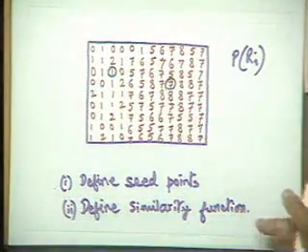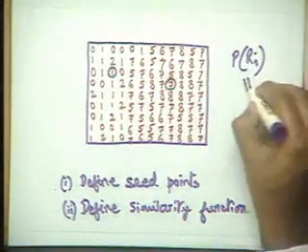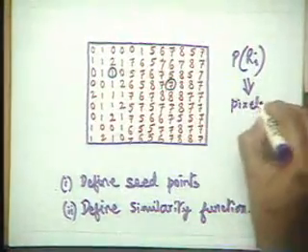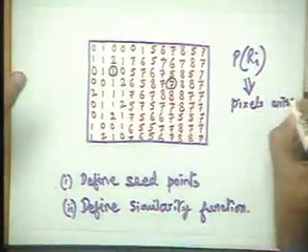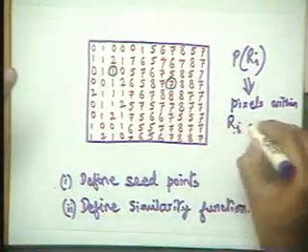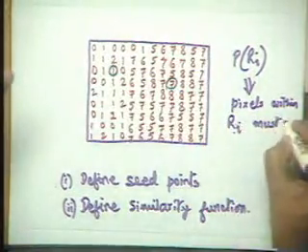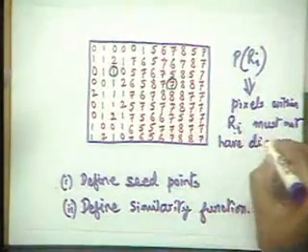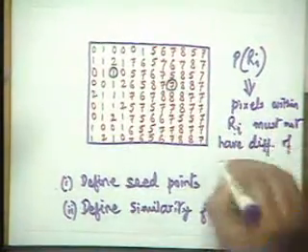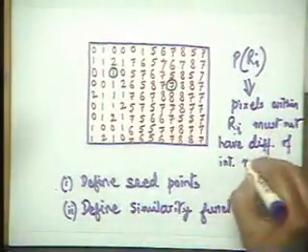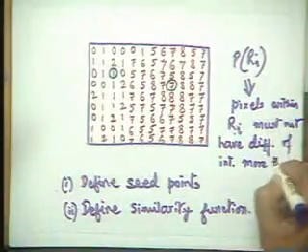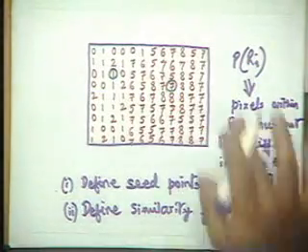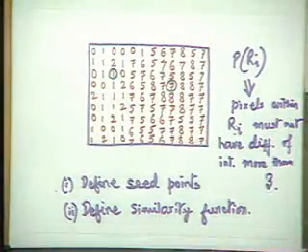P of Ri should be defined in such a manner that pixels within Ri must not have a difference of intensity more than 3. So this is how I define the P of Ri.